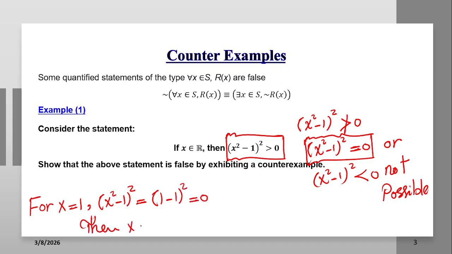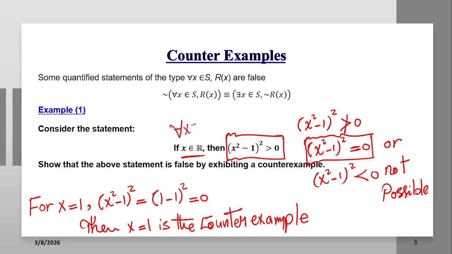Then x equals 1 is the counter example for this statement. So the clue here is to negate this statement. If x belongs to R is the same as for every x belongs to the set of real numbers. Then negate this statement. This is the point here.